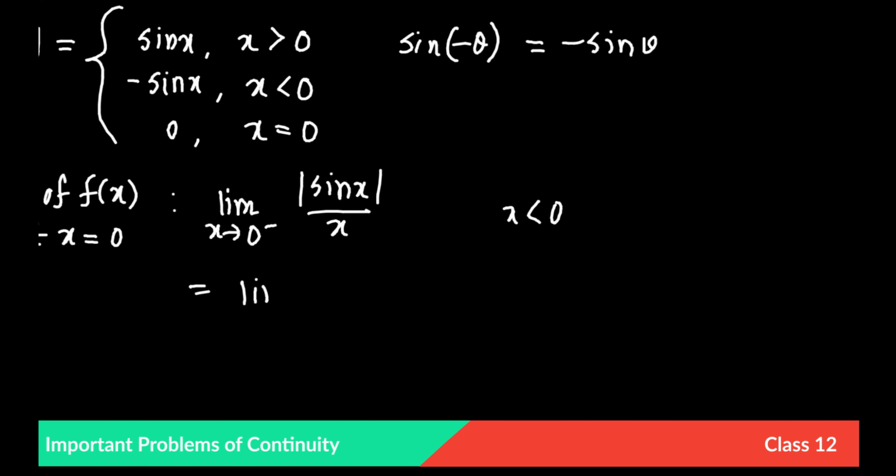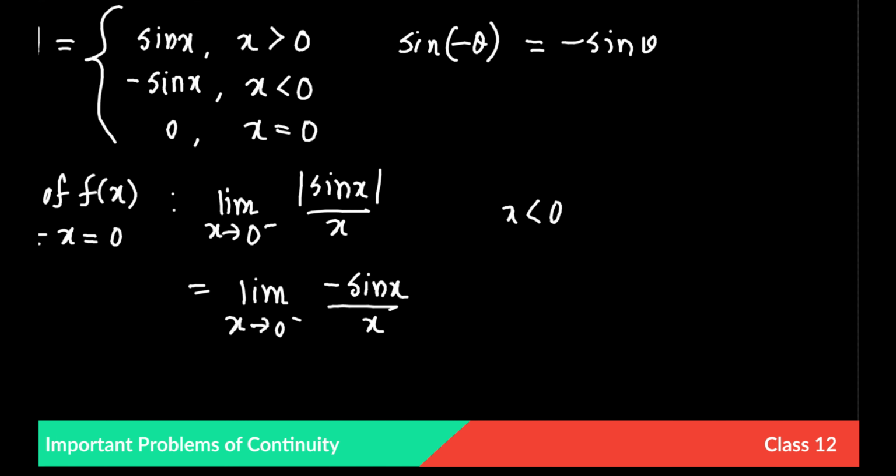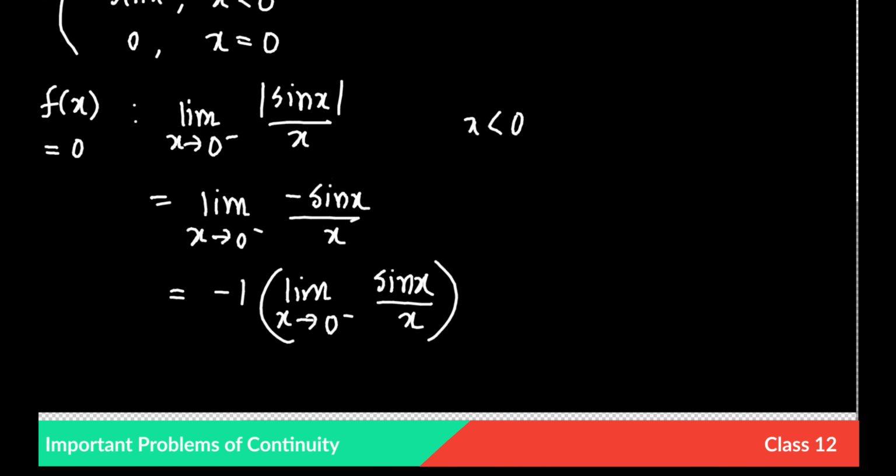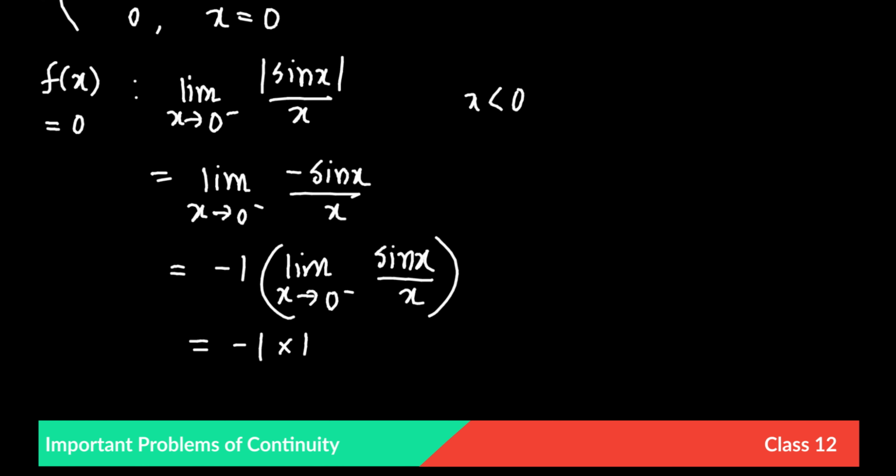So mod sin x will be minus sin x, so the limit as x tends to 0 minus of minus sin x by x. Now minus 1 is outside since it's a constant. The limit as x tends to 0 minus of sin x by x is 1. So minus 1 into 1, that is minus 1.